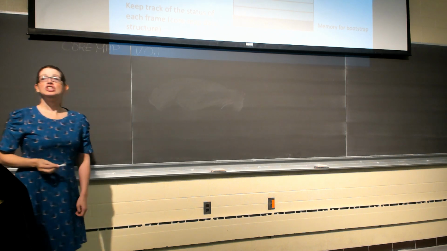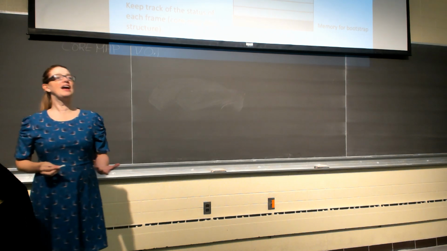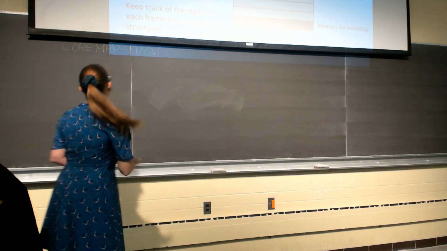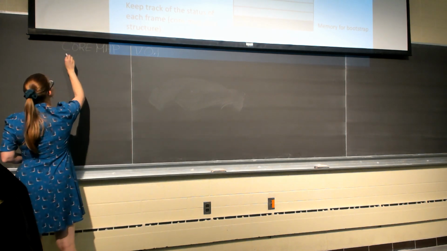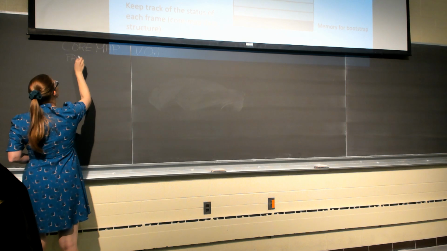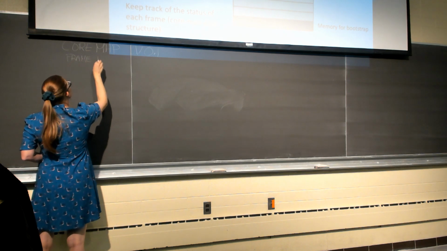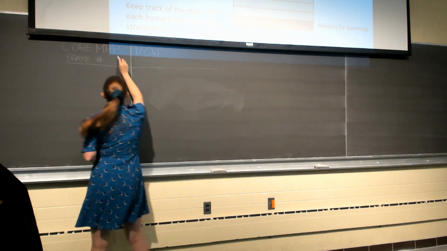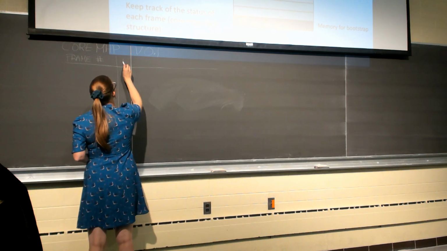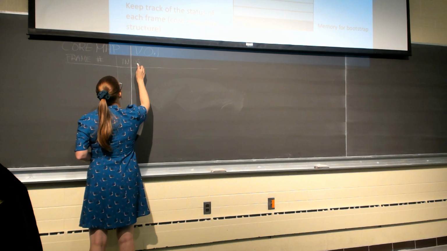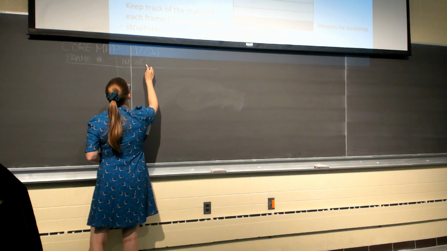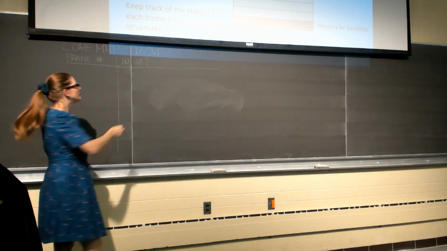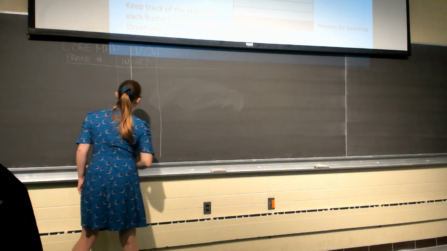Okay, so for each frame, I need to know, is it in use or not? So I'm going to have the frame number, and I'm going to keep track of whether it's in use or not.